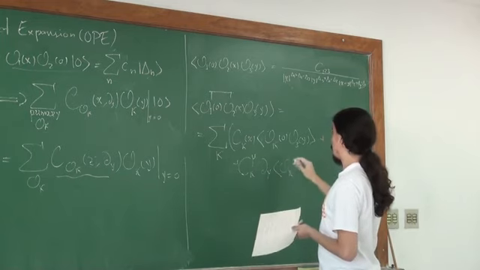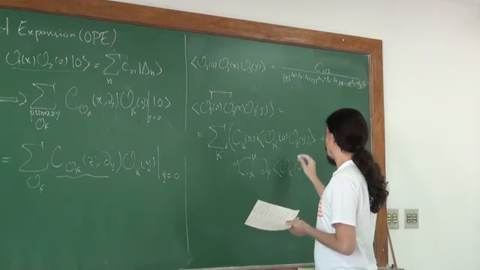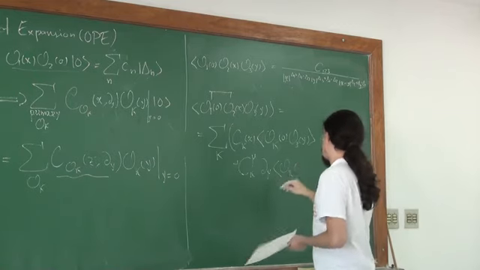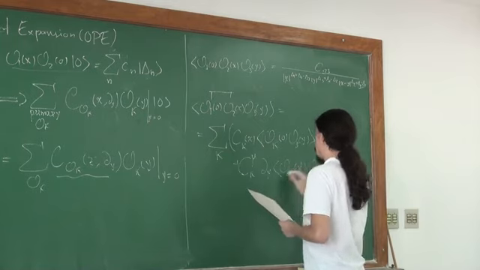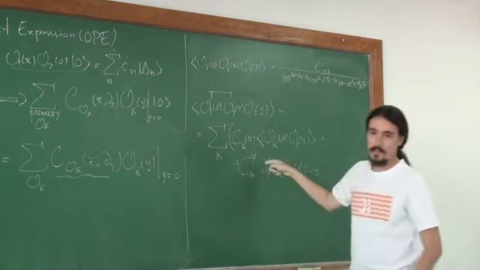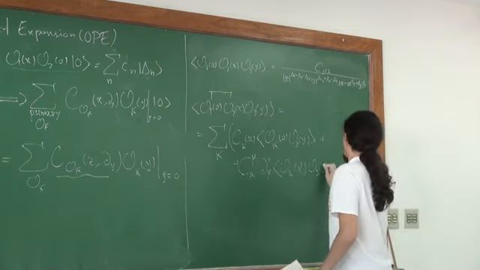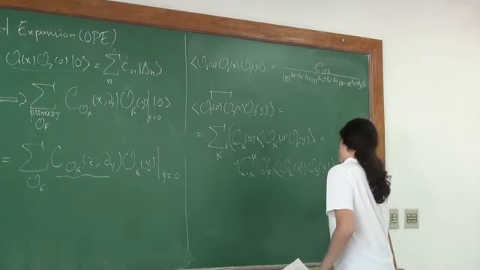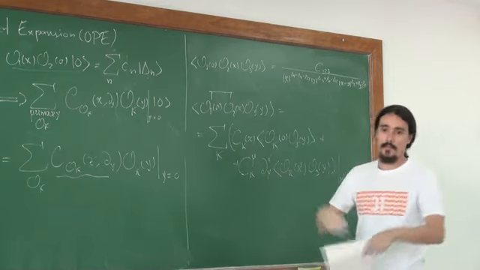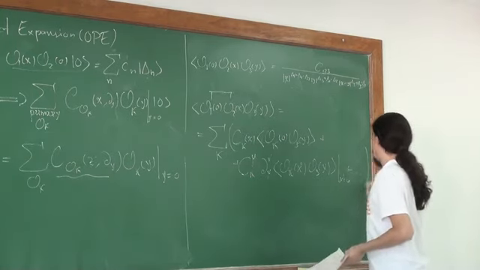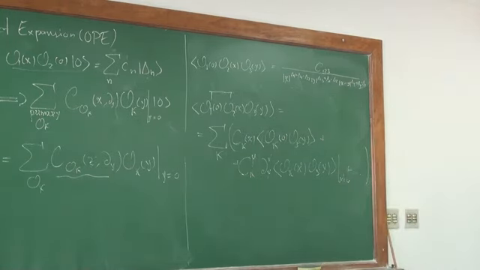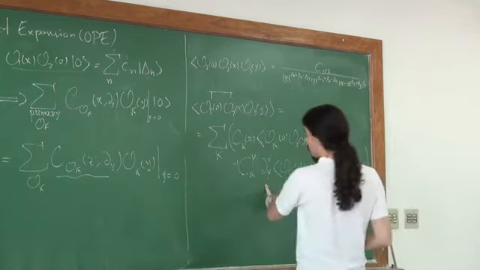Let me make this one here x prime. This derivative is with respect to x prime, and then also take x prime to 0, which is the point I chose to insert my operator. And so on. In this case, it's still a function of x. I only separated the derivative.